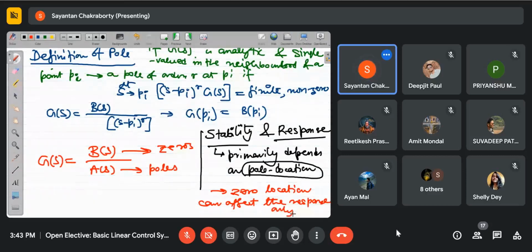Okay. Obviously, pole locations also determine the nature of the response and the stability.